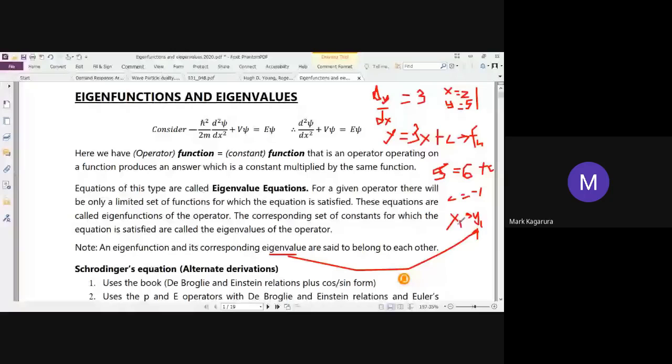So you have your solution being made up of x1 to x infinity, which will give you y infinity. So when you add up these eigenvalues, they give you your eigenfunction.